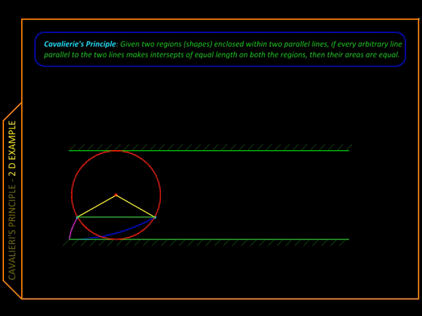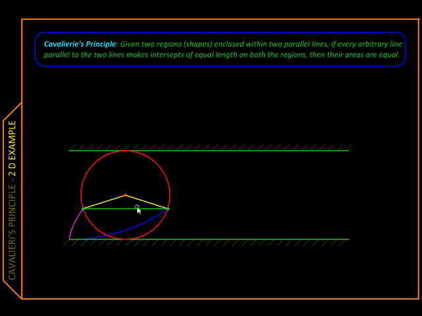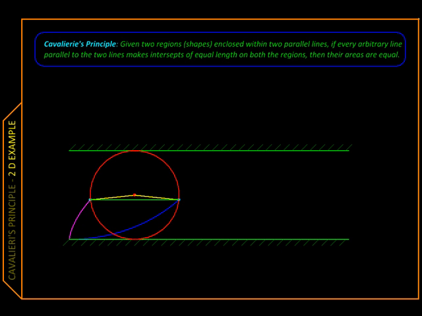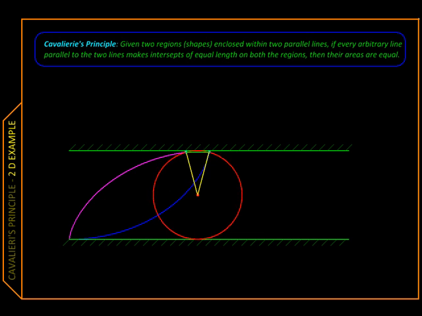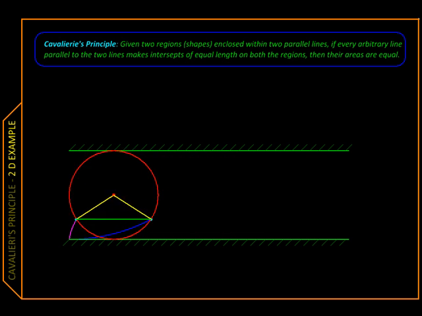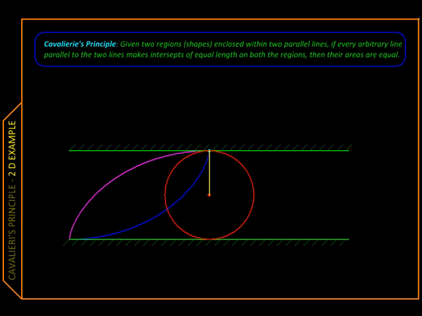And now you can see this cross section here is not only a horizontal cross section of this circle, but it is also the horizontal cross section of the petal. So now the circle and this petal share an identical cross section, and therefore the two must have the same area. So what is the area of this petal? It is nothing but the area of this circle. This is really a very beautiful and profound result, and Cavalieri's principle helped us reach there.